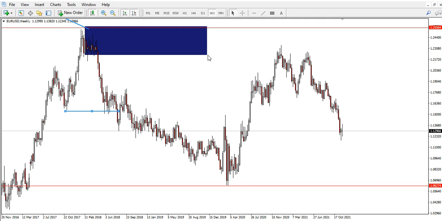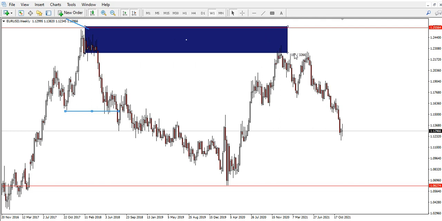You see, after that we pulled our rectangle further. Sorry guys, my focus was on something just now. And then here we are.